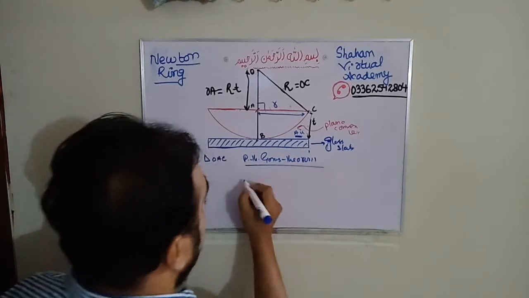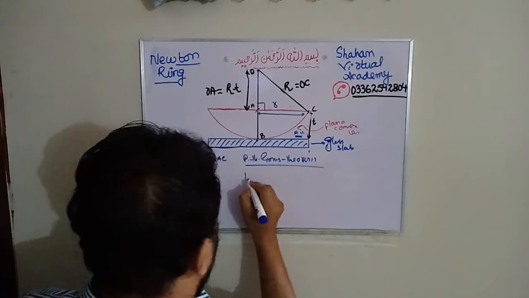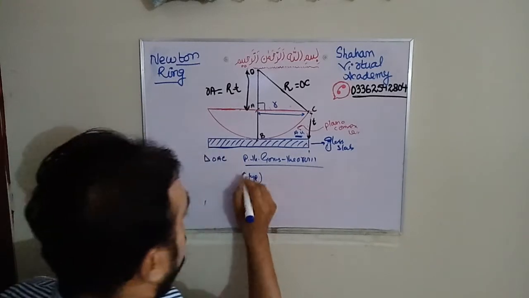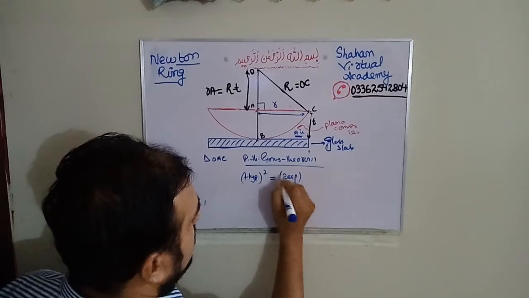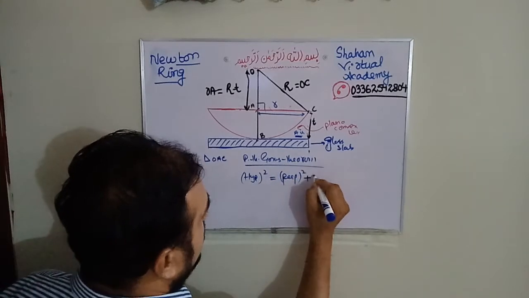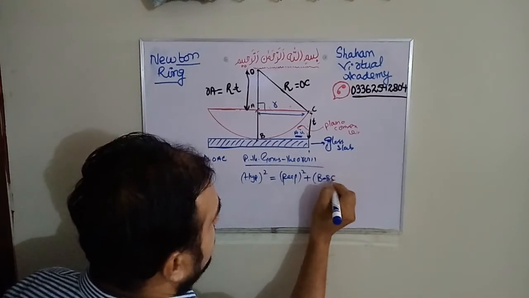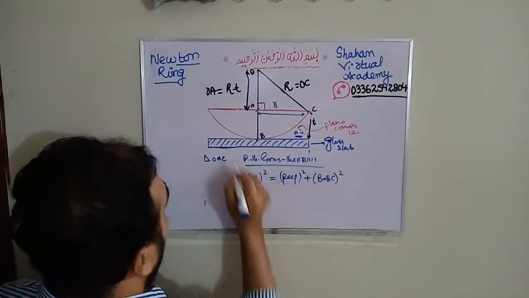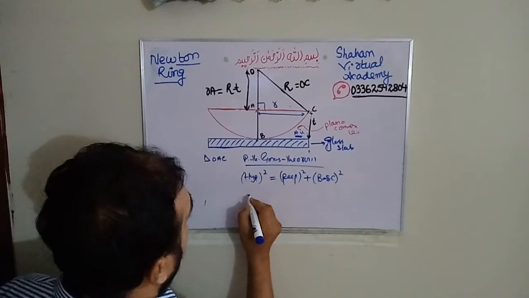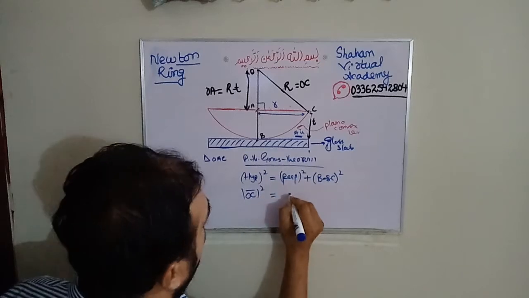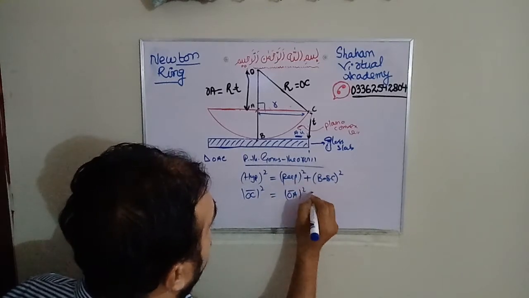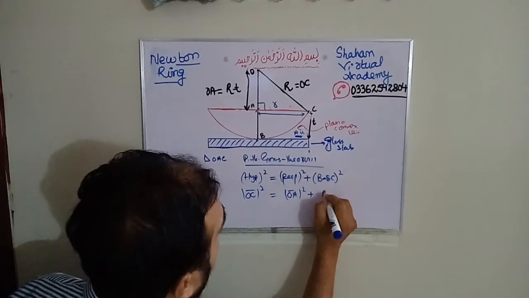What is the Pythagoras theorem? The hypotenuse square is always equal to the perpendicular square plus the base square. Here the hypotenuse OC square is equal to OA square plus AC square.